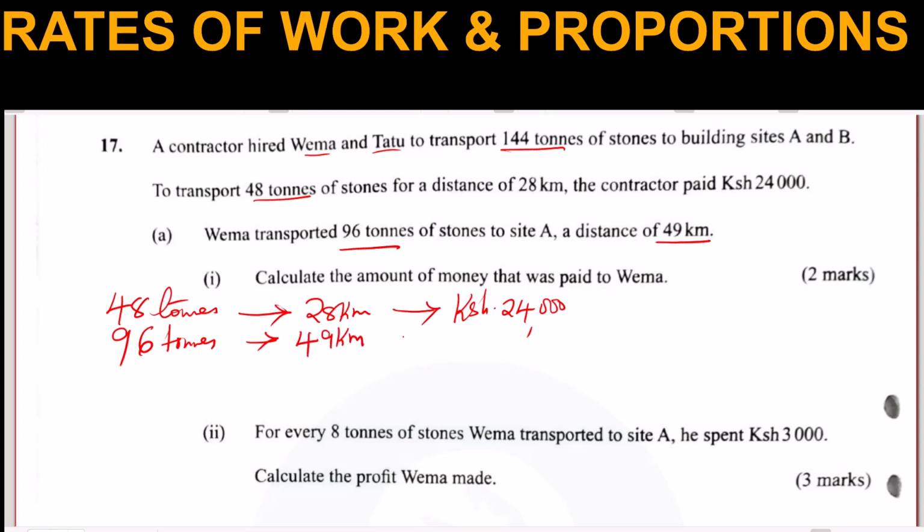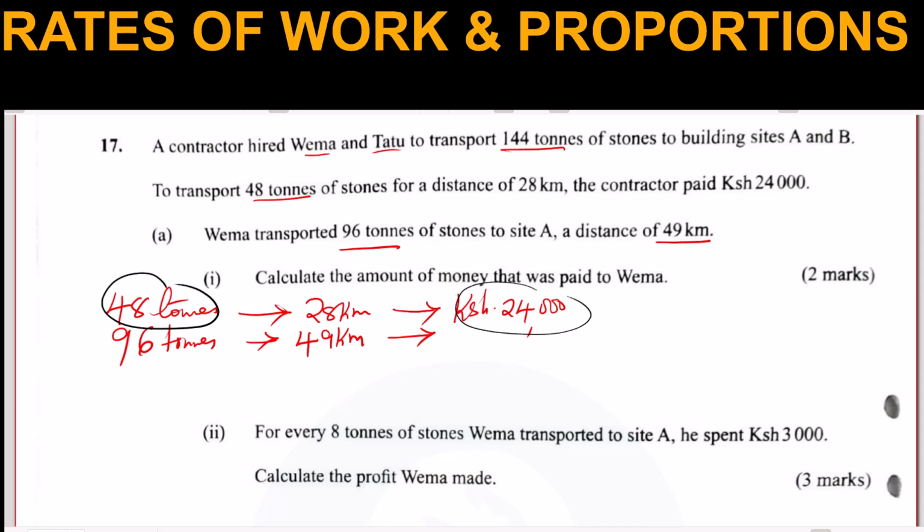We're going to use rates of work and ratios here. If transporting 48 tons is paid 24,000, what about transporting 96 tons?